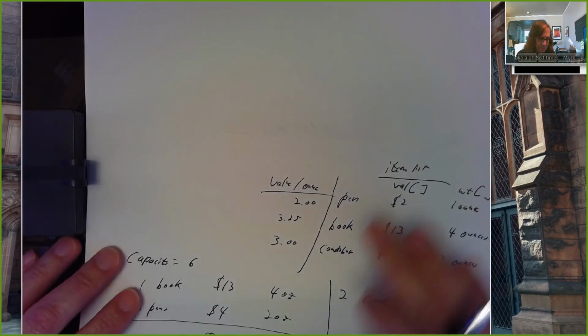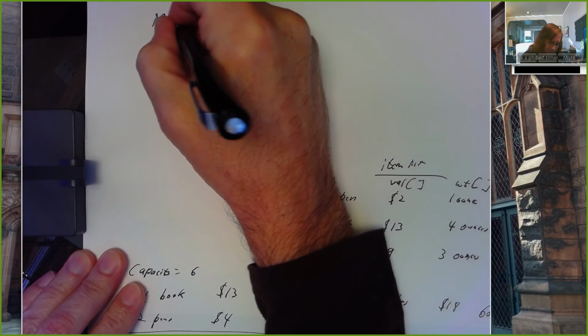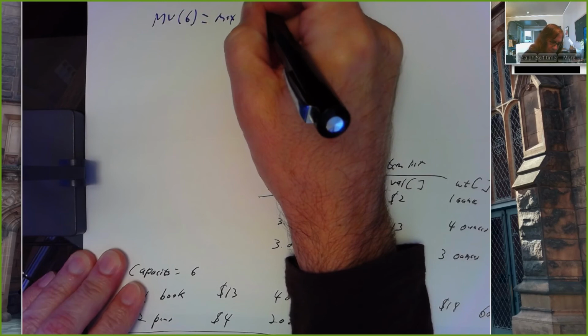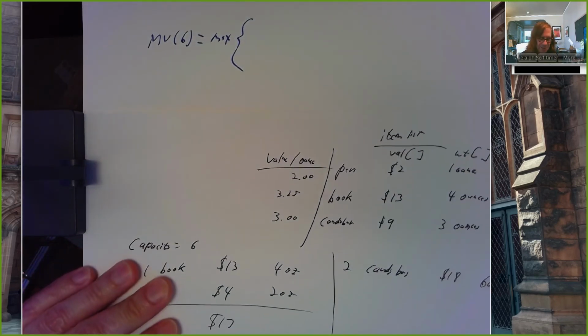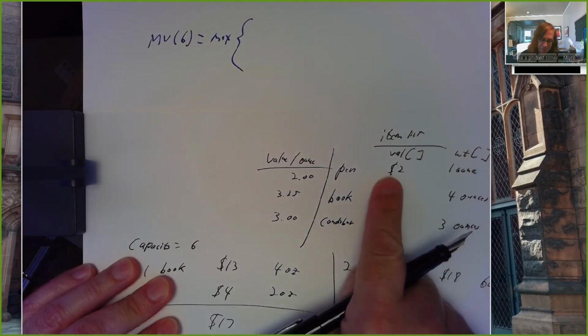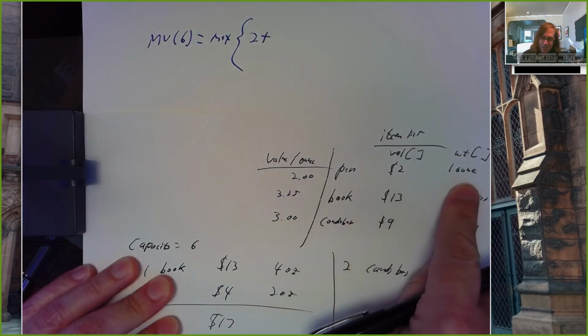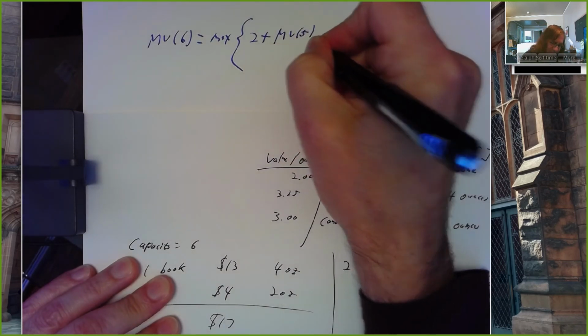So let me do a few specific examples. And let me call my function MV. So the max value of a bag that can hold 6 ounces will be the largest of the following 3 values. If we start with a pen, that gives us $2, and it takes away 1 ounce from our holding capacity, so it's $2 plus max val of 5.